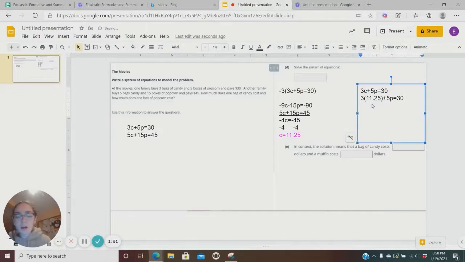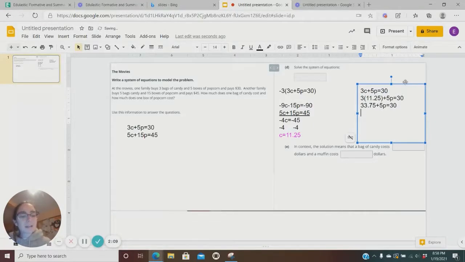From there, 3 times 11.25 gets me a total of 33.75 plus 5p is equal to 30.